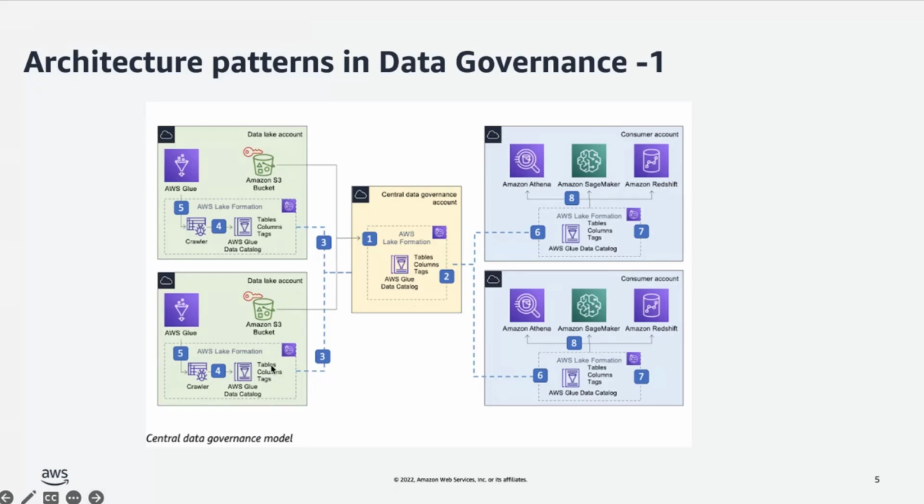All the producers are given access to catalog their metadata of databases and tables in the centralized Glue catalog of the central account. And Lake Formation comes on top of it and is used by the producers from each sharing account. The producers come here to the central account and start writing the Lake Formation permissions for their respective databases and tables.